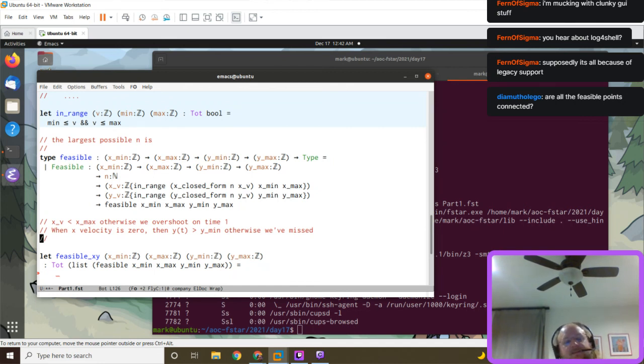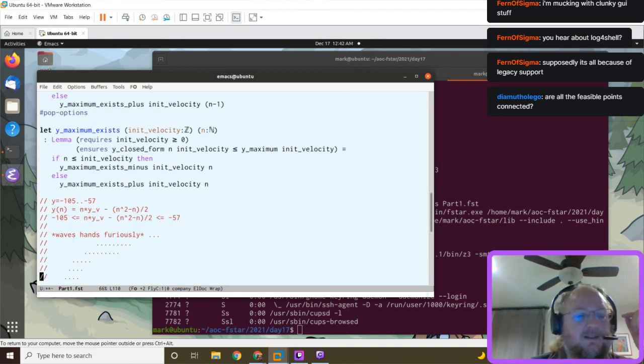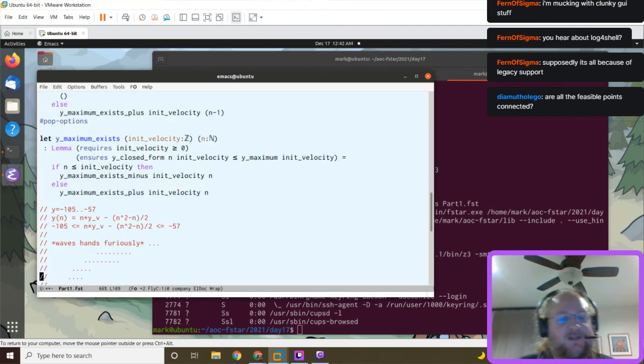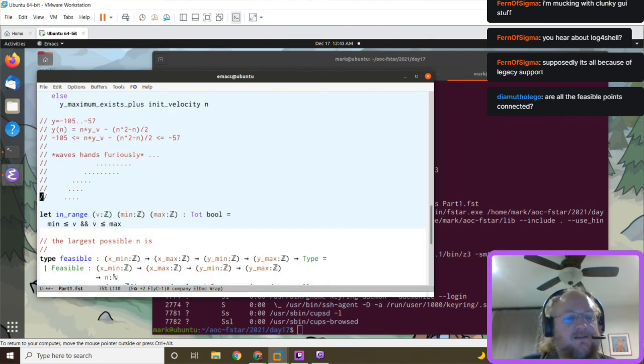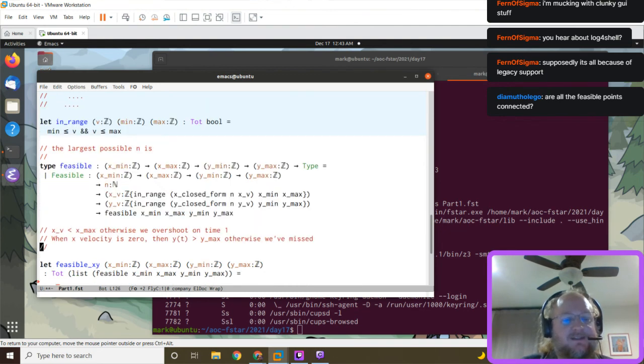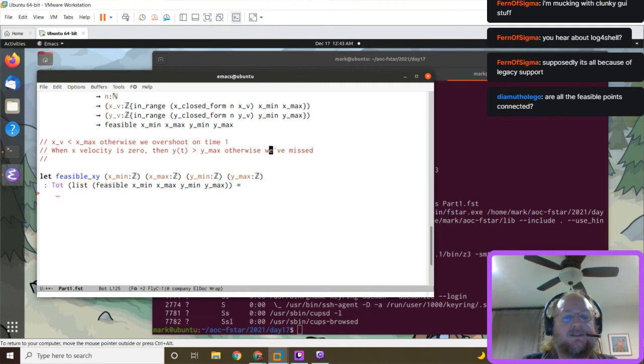We might still be going up, we might be dropping, but either way we've got to be above the max. Max is minus 57. We better be above minus 57 if we're going to hit it. No, I was right the first time.